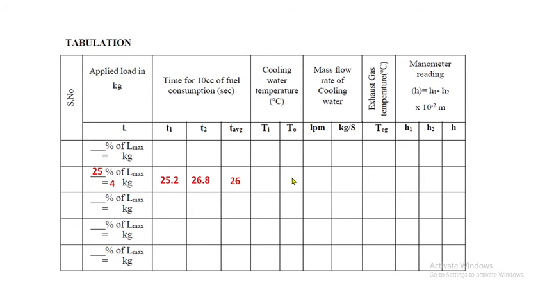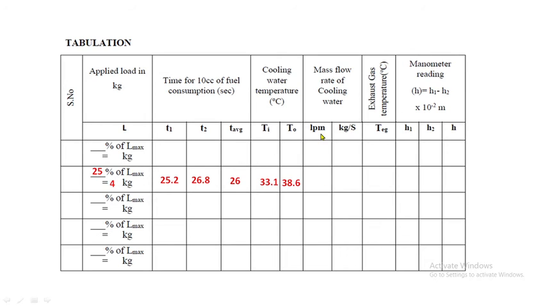Next, the cooling water inlet temperature and outlet temperature. The outlet cooling water temperature will keep increasing as the load increases, because the engine heat keeps increasing while we add the load, so it will be more than the inlet temperature. Then, this is not liter per minute.